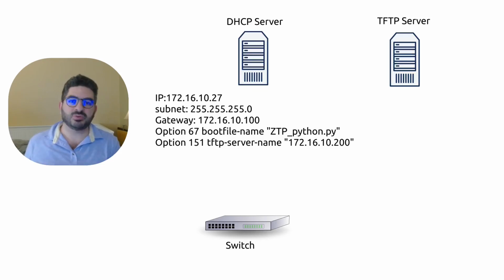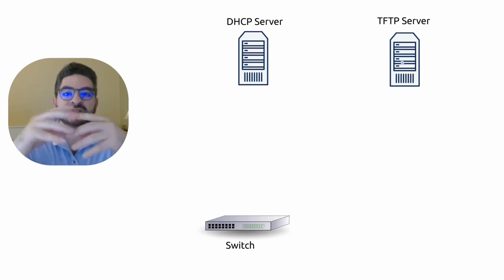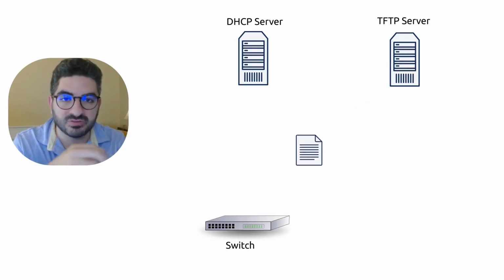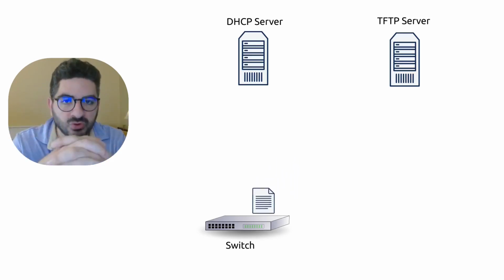For the ZTP process to work, the DHCP server should reply with the TFTP server's IP, which is option 150, and with the boot file name, which is the actual ZTP file, option 67. Once the switch receives that information, it will download this file from the TFTP server and configure itself.